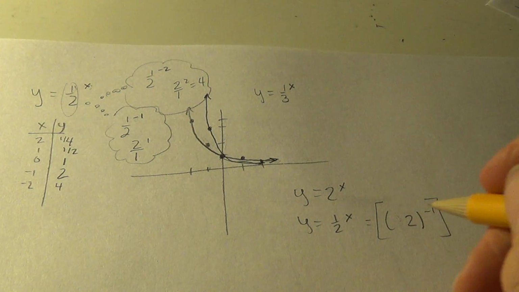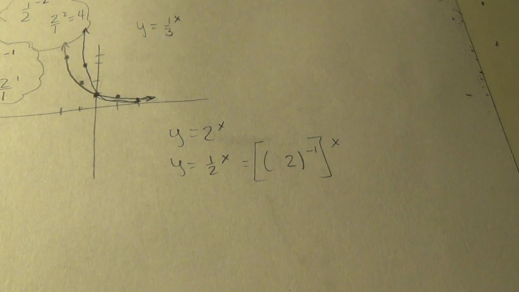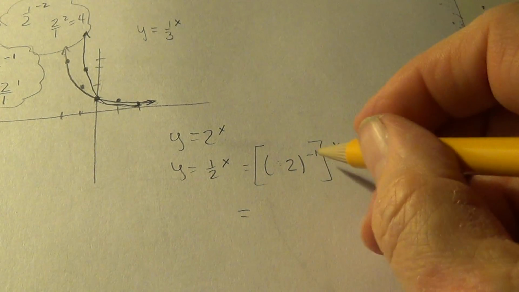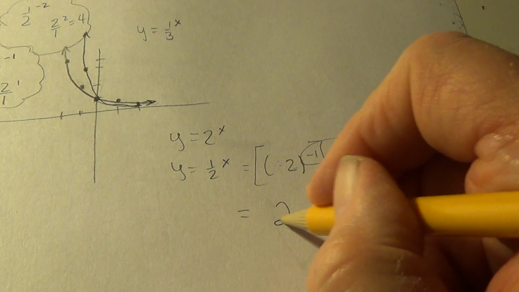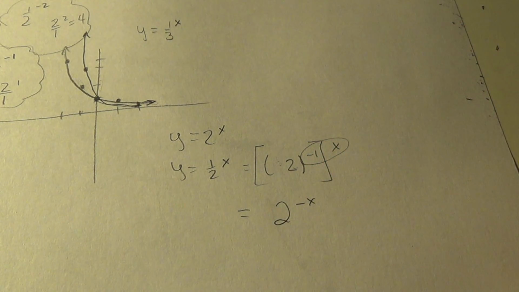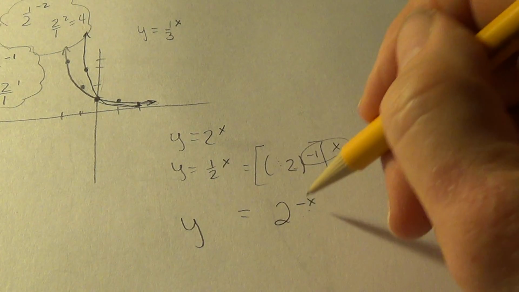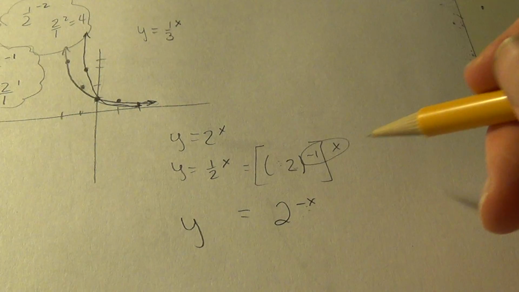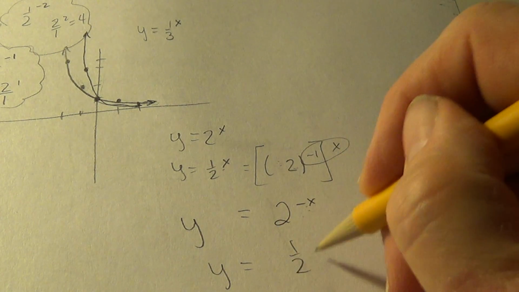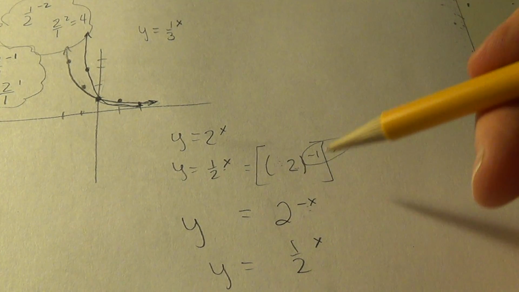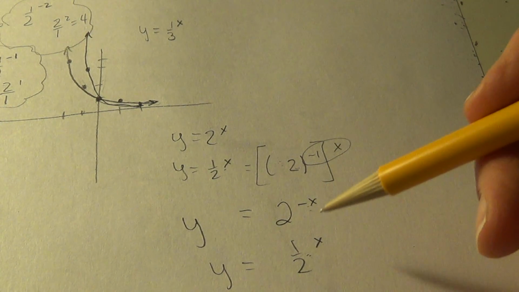So then I can improve on that by multiplying these together. 2 to the -x. I just want you to be aware sometimes they'll throw that at you, and I just don't want that to trip you up. That means this, y equals 1/2 to the x, because that negative exponent will flip the 2, and it'll get you to this.